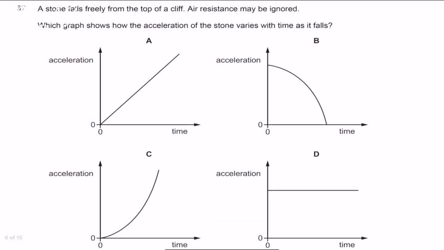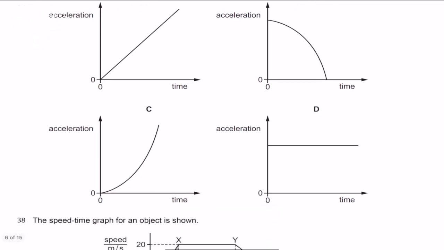In the next question, a stone falls freely from the top of a cliff. Air resistance may be ignored. Which graph shows how the acceleration of the stone varies with time as it falls? The acceleration doesn't vary, the acceleration is constant. So I will go directly to option D because it shows that the acceleration is constant, which is equal to 10 meters per second squared according to your syllabus.